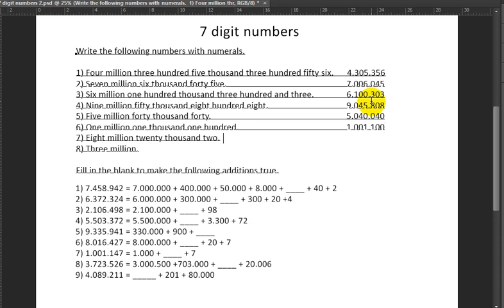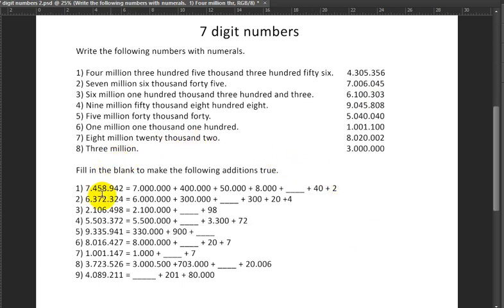Next, we have 8,020,002. 8,020,000 means no hundreds of thousands, 20,000, and then 2. And then we have 3 million. Since it only says we have 3 million, all the other digits need to be 0.